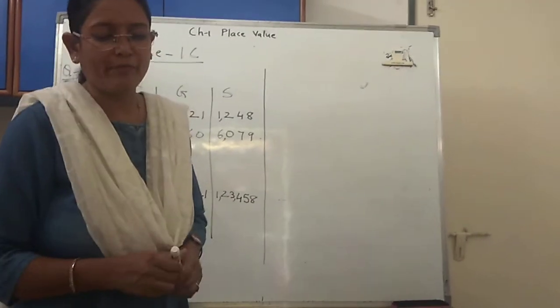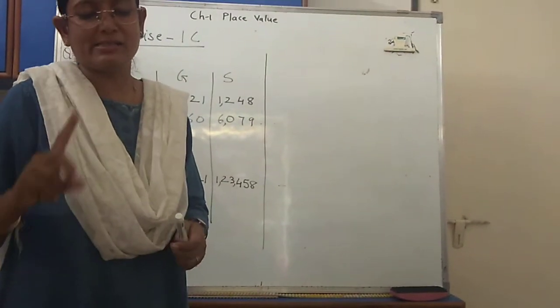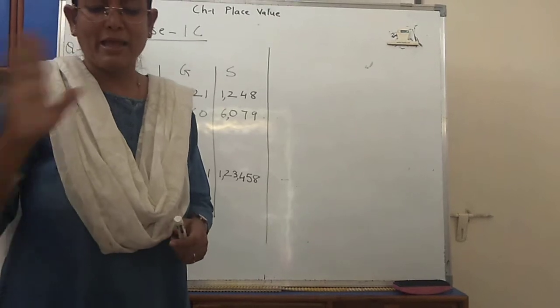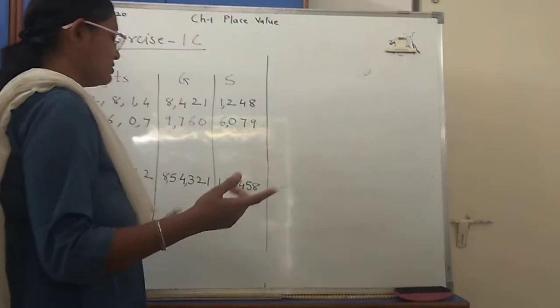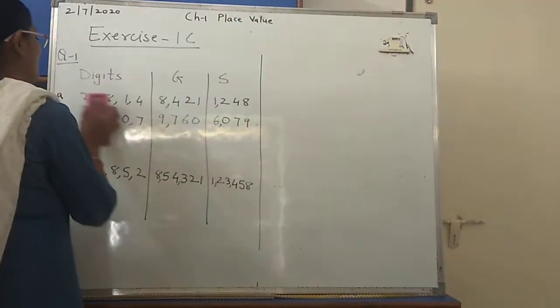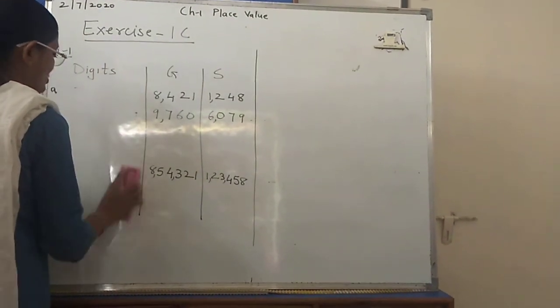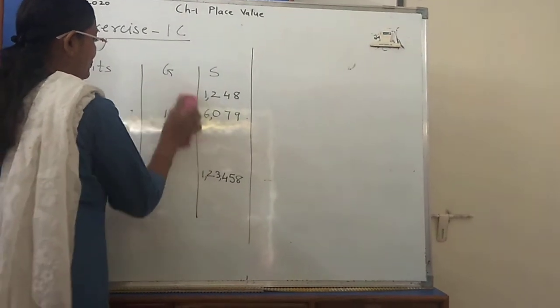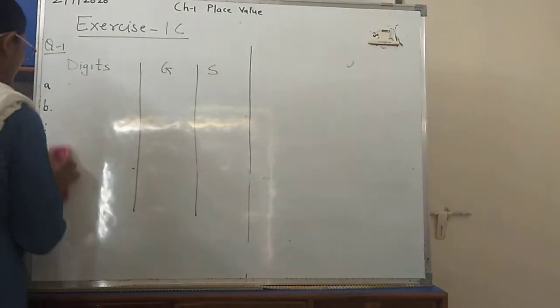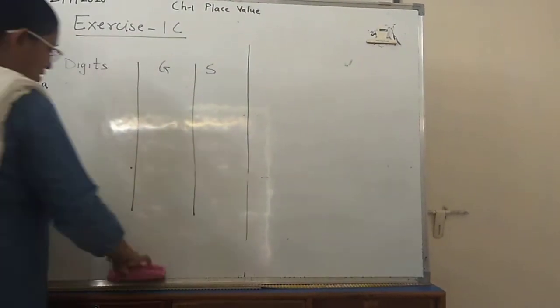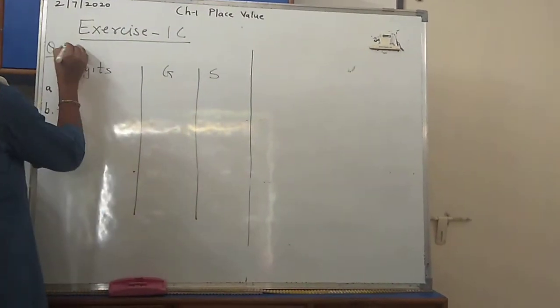In question number 2 they have told you use the digits to build the greatest number and the smallest number possible. You may repeat the digits. Okay. So what we will do here? Here I will write question number 2.